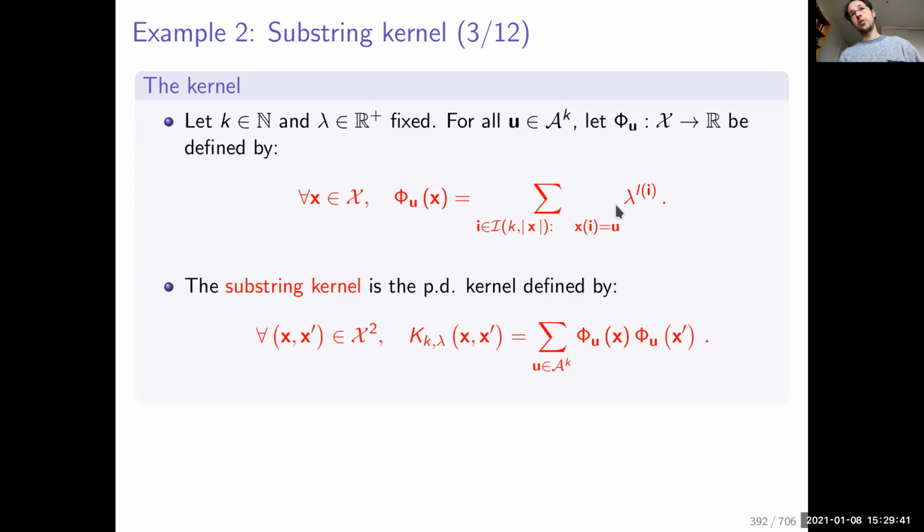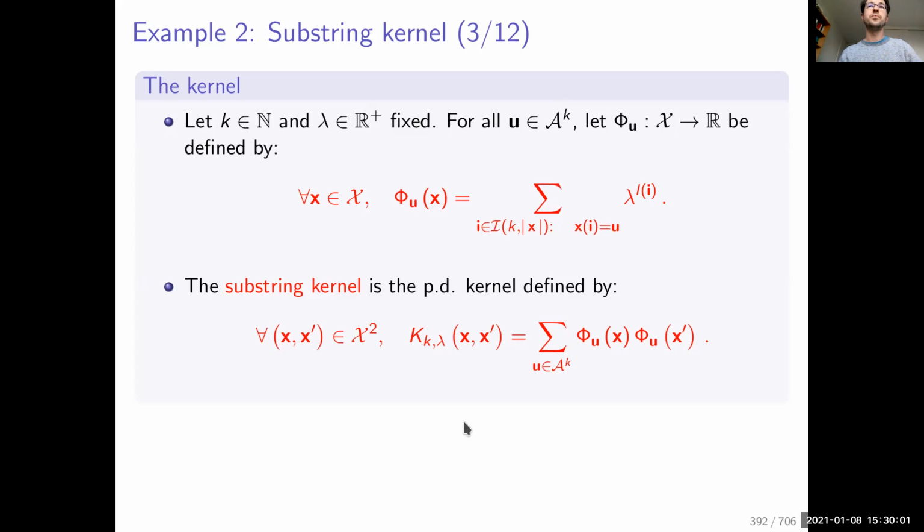If this is the case, there will also be a term that decreases exponentially fast with the length of the substring, which depends on the number of gaps, of course. And at the end, our substring kernel is simply the inner product between phi of x and phi of x prime as before.